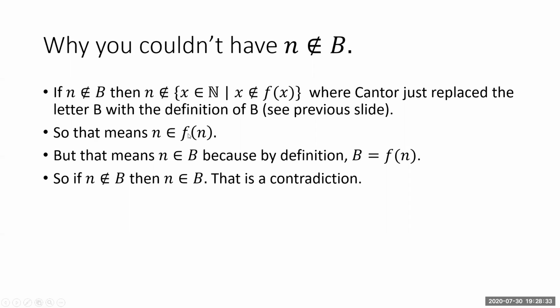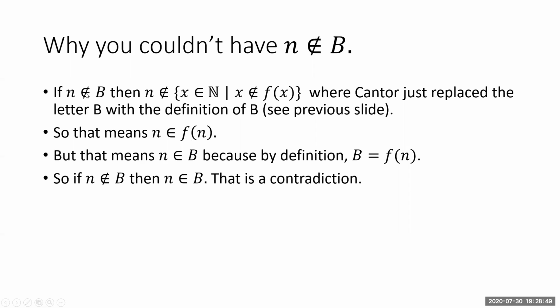So n does belong to f of itself. Well, f of n is B, so n belongs to B. You see the contradiction.